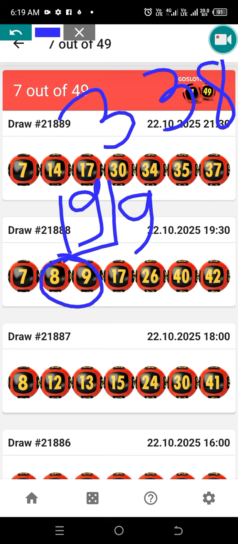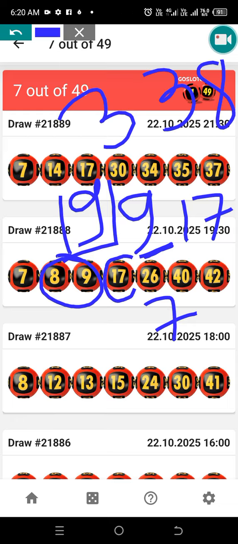Now every time you get 9 or 19, they can play 17 or 7. 9 is 7, 19 is 17. Okay? So the family of 9 cooperating with the family of 7. So that's the reason instead of playing 19, they play the 17.